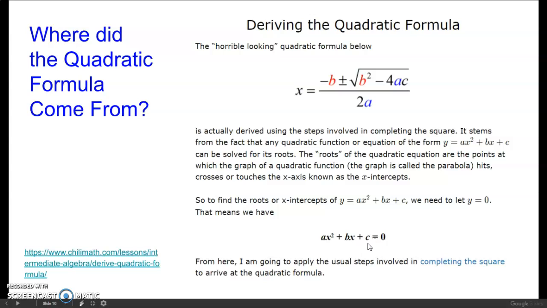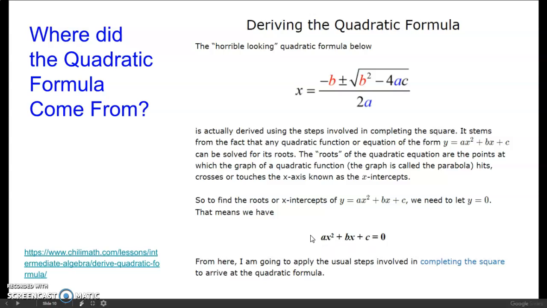So the whole step that Mrs. Quesnel used, where you set the c aside, you'll divide out the x, so you're going to end up with ax plus b, and then you'll complete the square by dividing this in half and squaring it, and so on. They go through that step by step on this website.